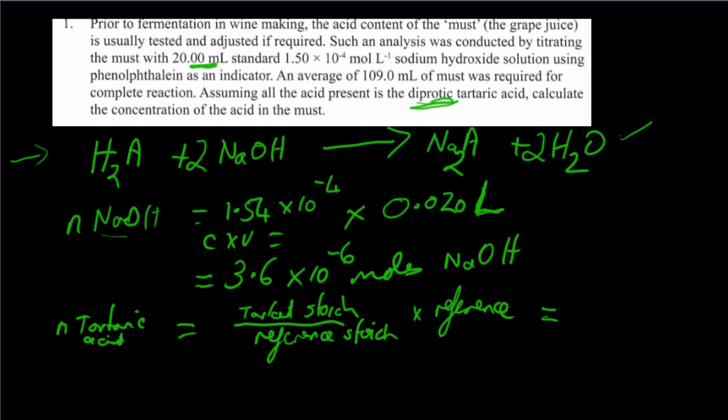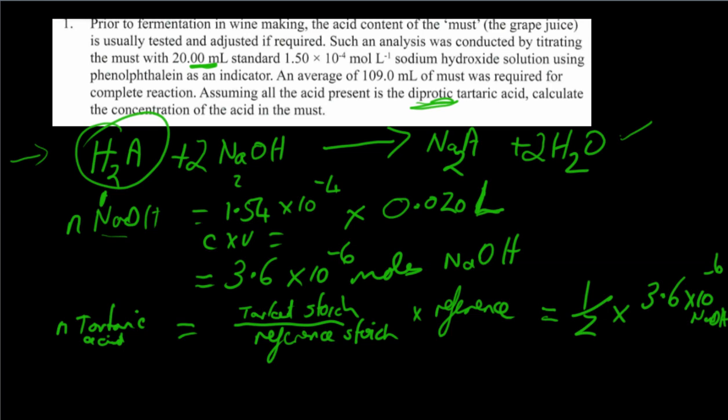So what we're going to say is our target stoic, this is our target, and you'll notice that there's a 1 there to a 2 there, is 1/2 of the amount that we've calculated for our sodium hydroxide.